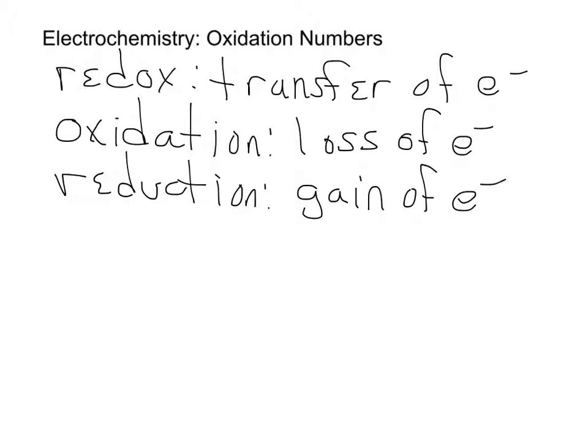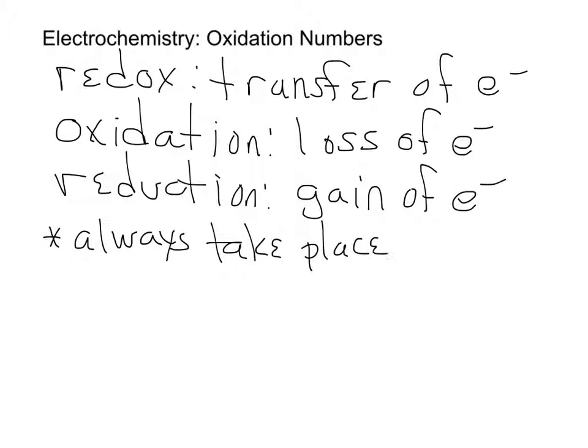And so what Bailey said is that something gains electrons and something loses electrons. That's actually a very good way to put it because oxidation and reduction always take place together. So if you have something that's being oxidized, you have to have something that's being reduced as well.